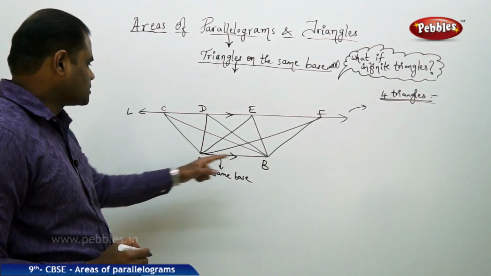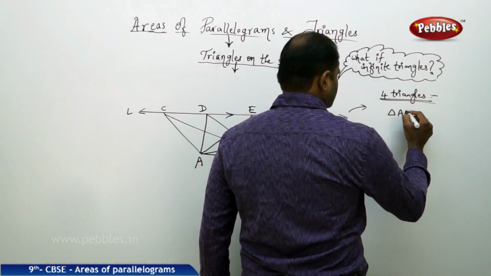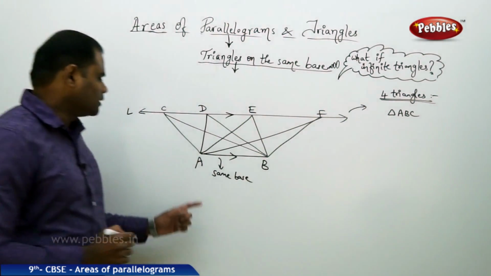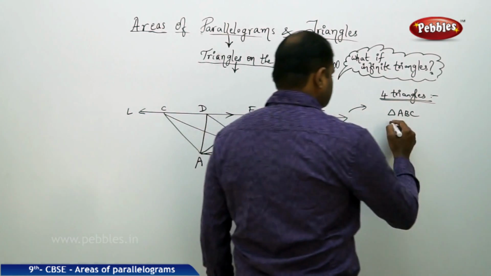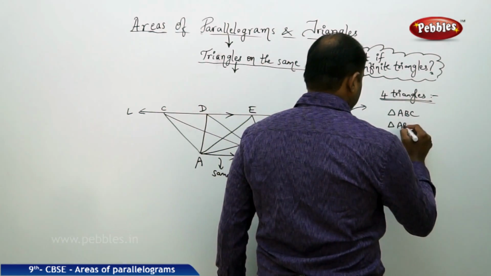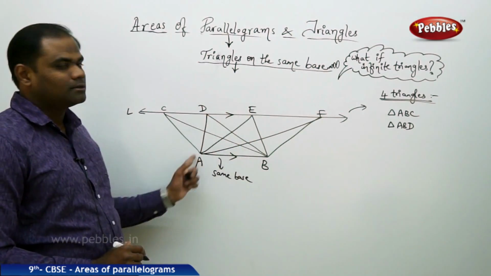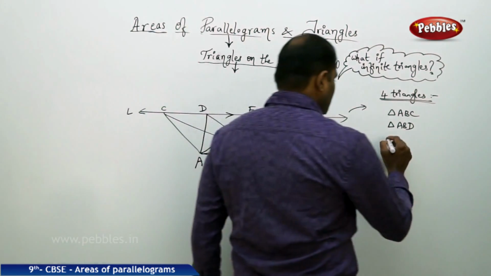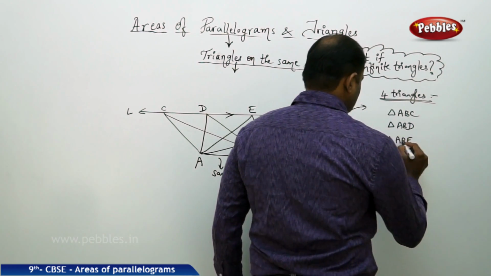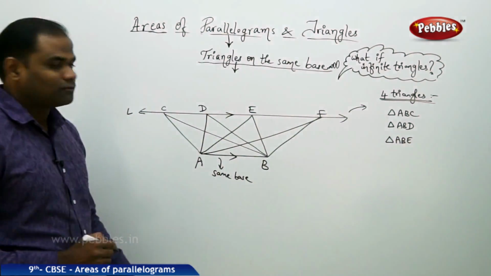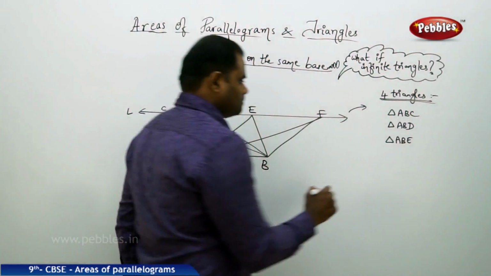The first triangle is ABC and the second triangle is ABD, as can be seen in the diagram, and the third triangle is ABE, as seen out here. And the fourth triangle is ABF as taken here.